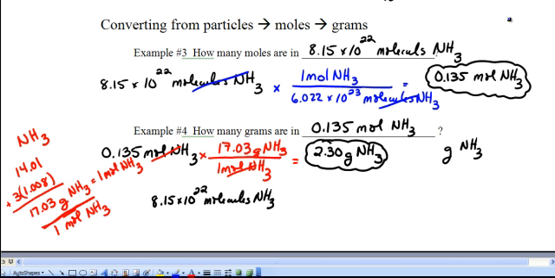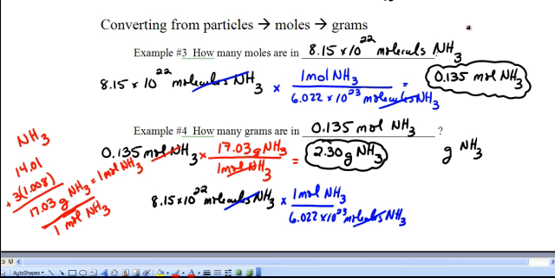What you're going to find is that you're going to have to change everything into moles most of the time. So you use Avogadro's number to do that. Of course, you put Avogadro's number on the bottom so that the molecules unit will divide out.